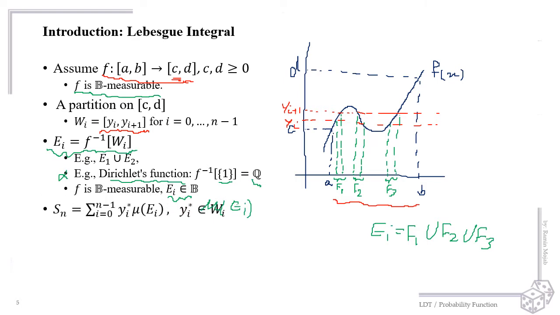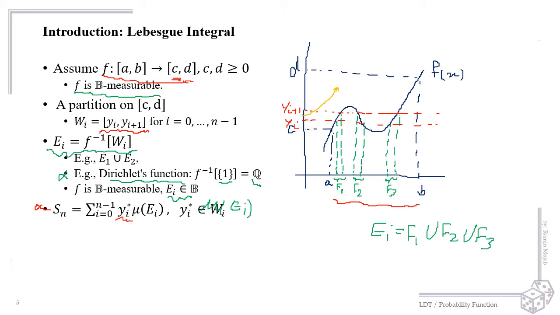I'm not going into details, and I'm not going to define the Lebesgue integral here, but I'm just trying to provide an explanation. Here we can have this sum. It's similar to our previous discussion, and for example, yi star is a point in this interval, and we can use it and define a sum.